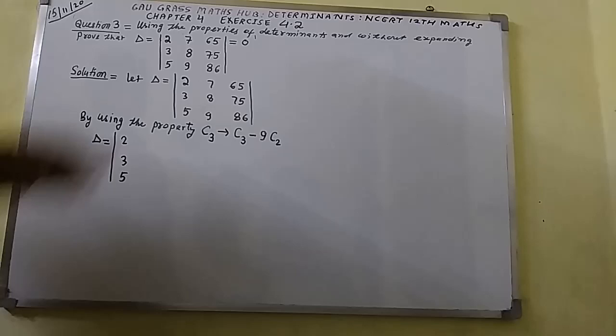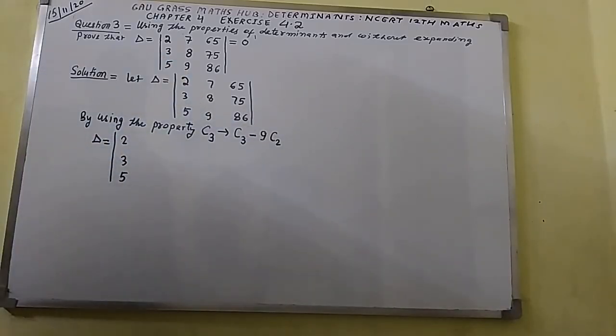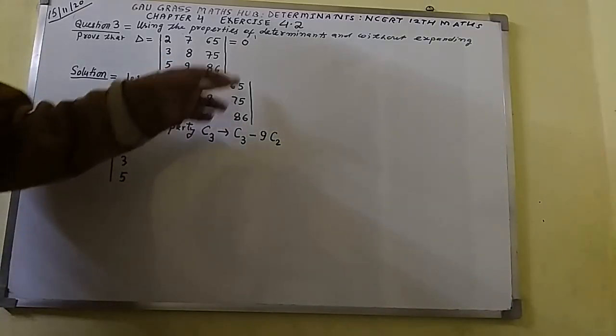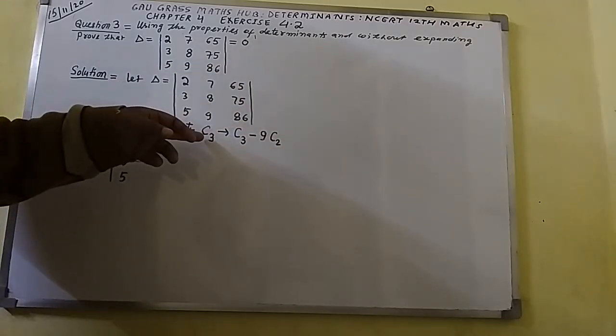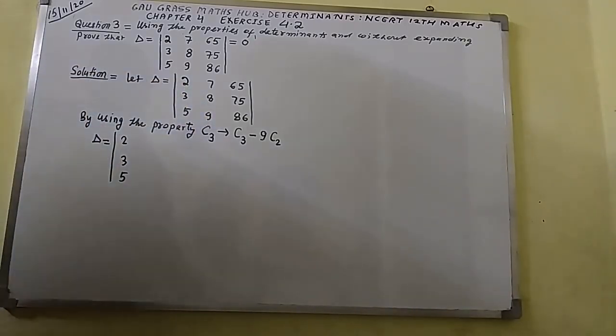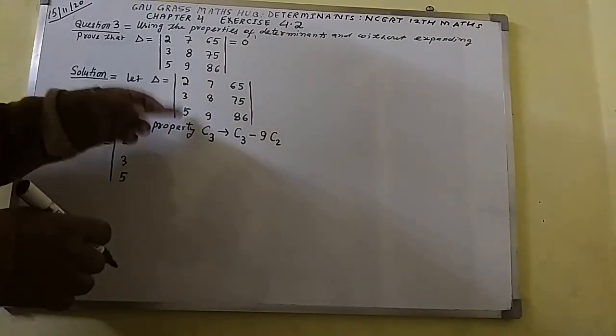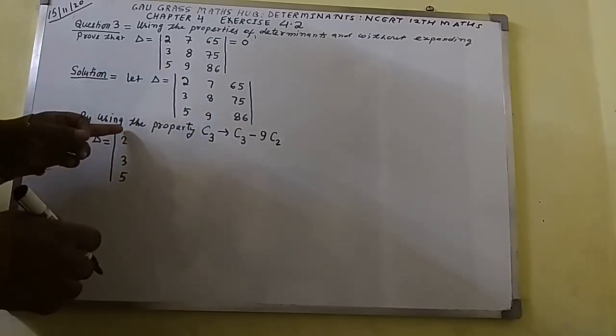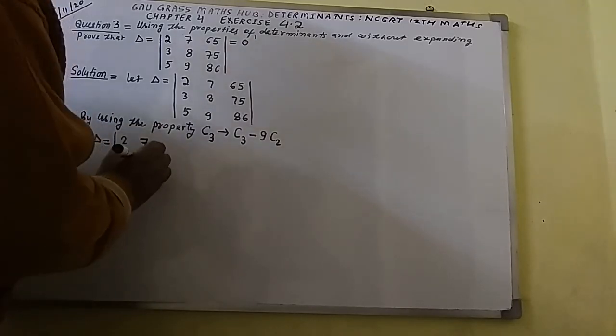So here I write the first column 2, 3, 5. There will be no changes in the first column and second column. Only changes will occur in the third column. I have written 2, 3, 5 as the first column, and the second column I shall write like this.